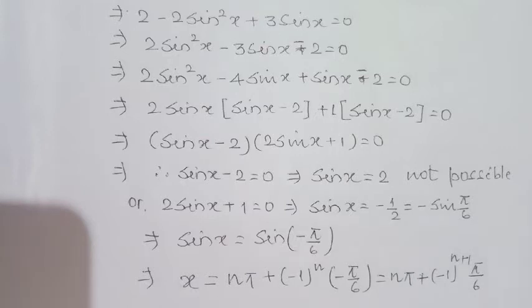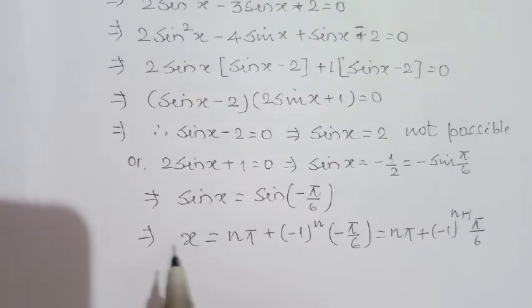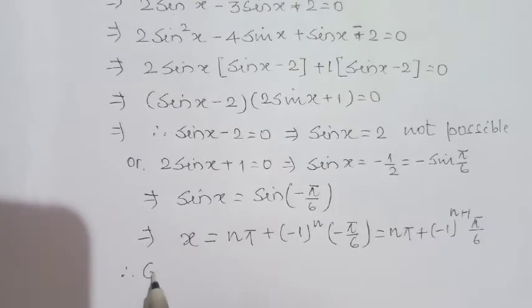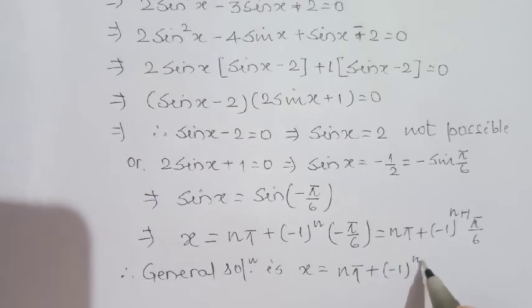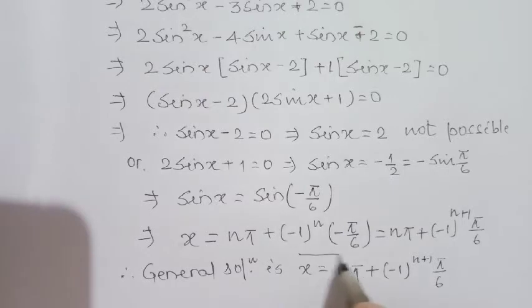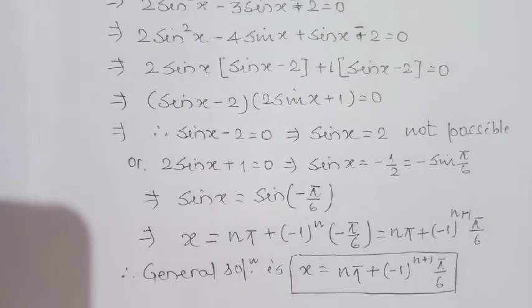So the general solution is x is equal to n pi plus minus 1 to the power n plus 1 into pi by 6. In this way we solve the equation. See another question.